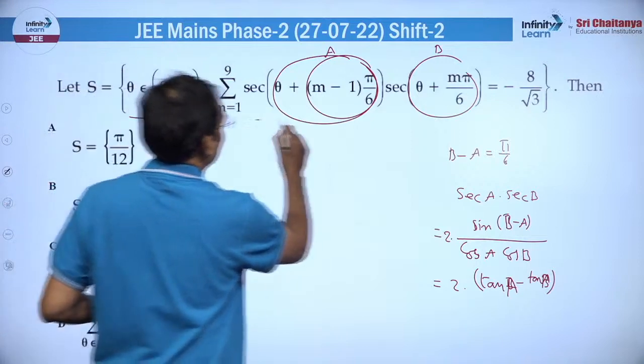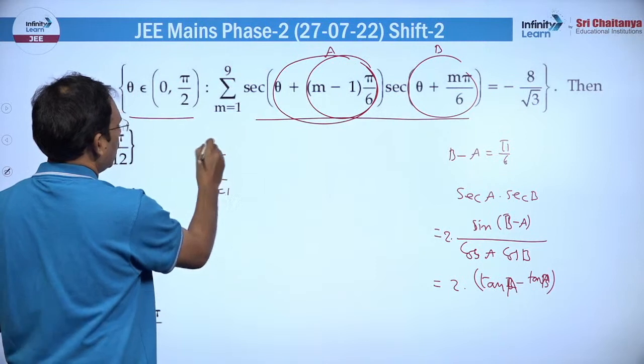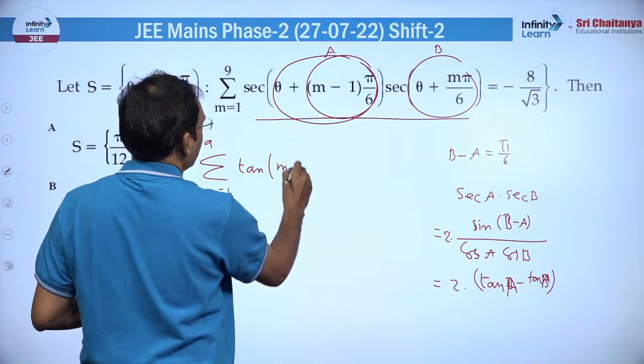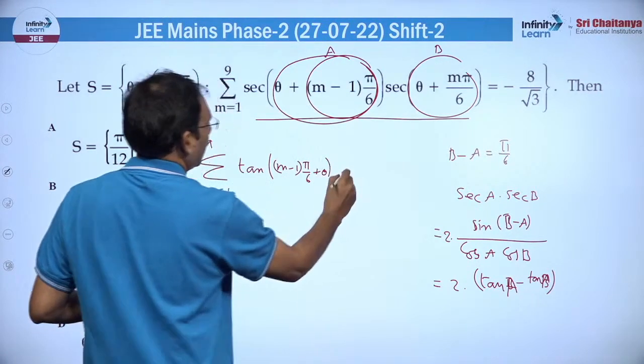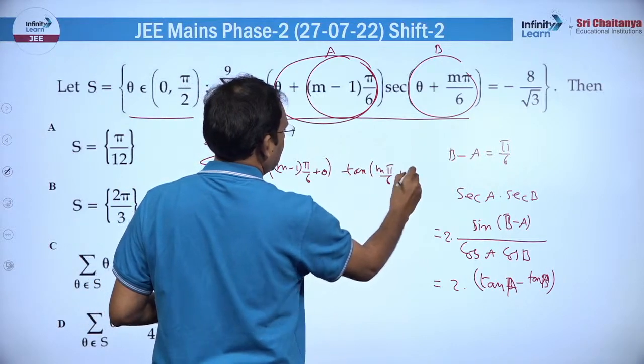That means this entire expression you can replace with sigma m is equal to 1 to 9 of tan of m minus 1 into pi by 6 plus theta minus tan of m pi by 6 plus theta.